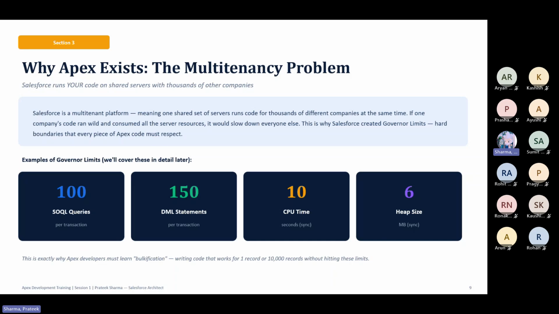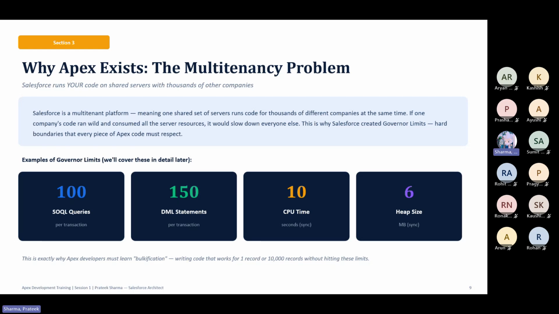Similarly, the Salesforce server is used by every single org in the entire world, right? So if your thing needs to run on the server, it has to wait until the server is free, on a queue basis.